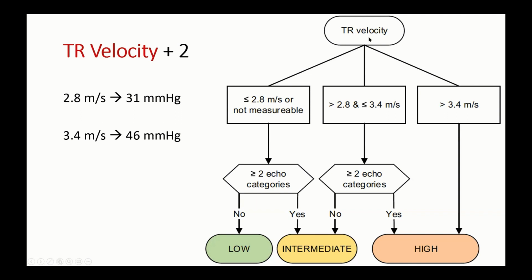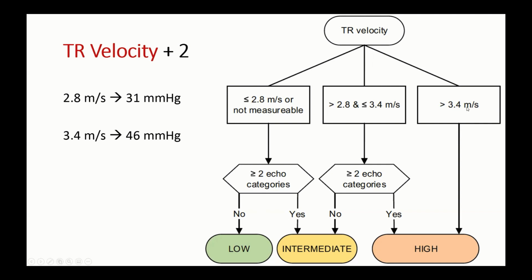You measure the TR jet velocity, and if it's less than 2.8, which gives you a transvalvular gradient of 31, then you look at 2 echo categories, and I'll go over those in a minute. If you don't get 2, then you have low risk of pulmonary hypertension. If you get 2, then you're in the intermediate category.